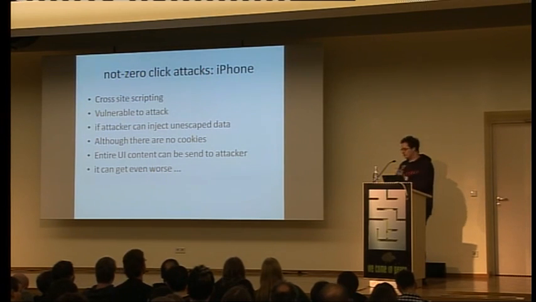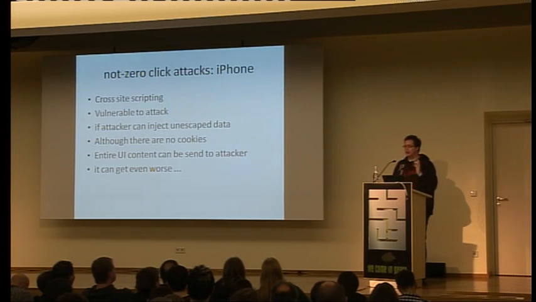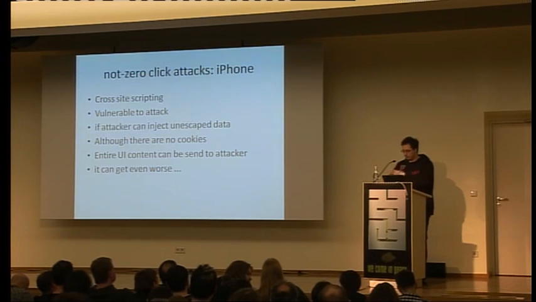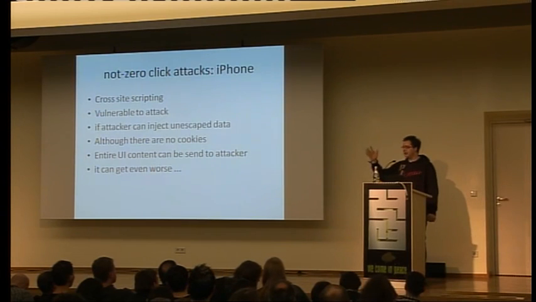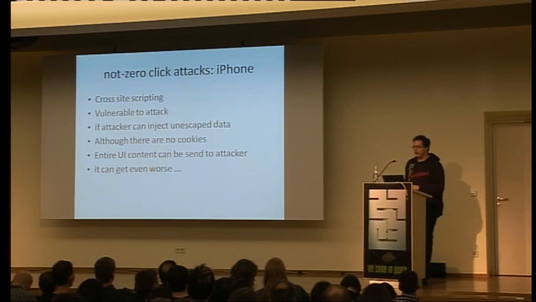At a very basic level, there's no cookie, so you can't do that. But since this thing is a UI and will hopefully have some interesting stuff in the phone, you can just sniff the entire UI and send it back to yourself. That's the very basic level.